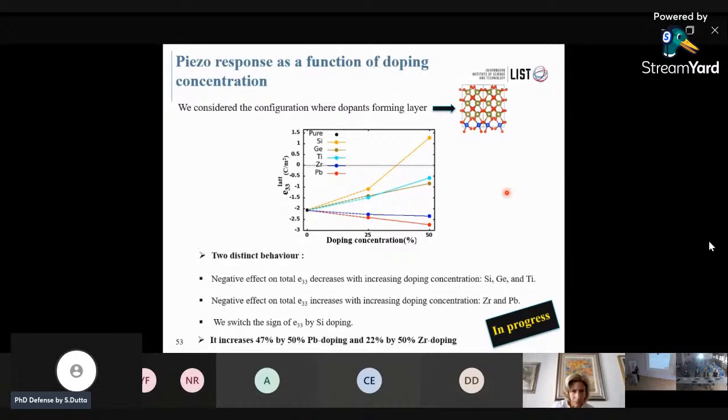We are still trying to understand this, but let me mention it quantitatively at least. For dopants smaller than hafnium, the negative effect is reduced with increasing doping concentration, and the opposite happens with the larger dopants. Quantitatively, we can increase the piezoelectric response by 47% with lead doping and 22% with zirconium doping.